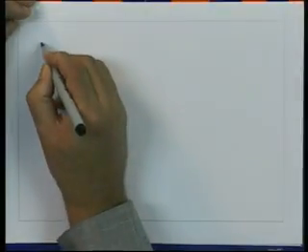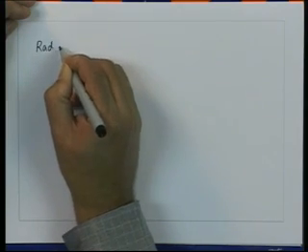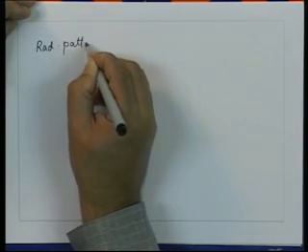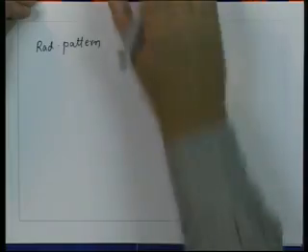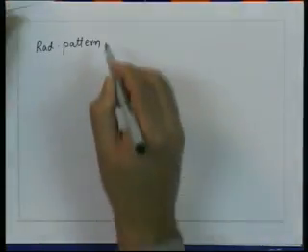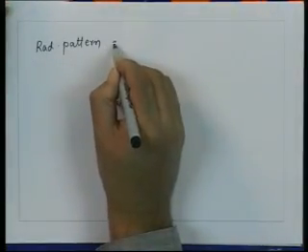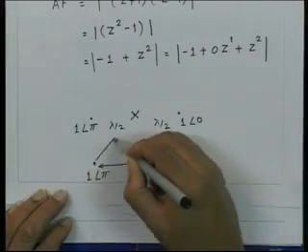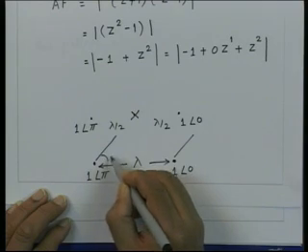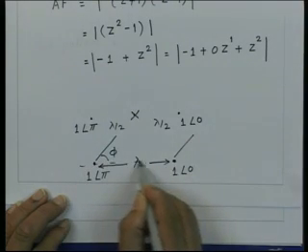So, the radiation pattern for this array would be equal to, so we have got here the array for which this angle phi is measured from the axis of the array.